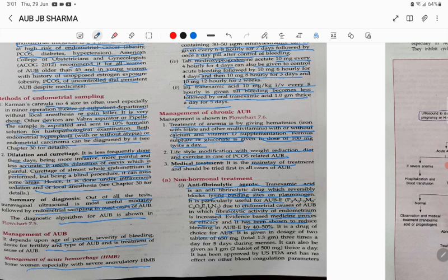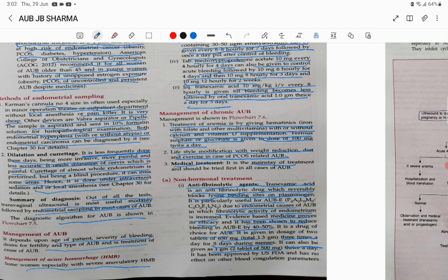It is the drug of choice for AUB. It is given in divided doses: 2 tablets of 650 mg, 3 times a day for 5 days during menses. It can also be given as 1 gram twice a day, or 2 tablets of 500 mg twice a day, 1 gram TDS, or 650 mg 3 times a day.